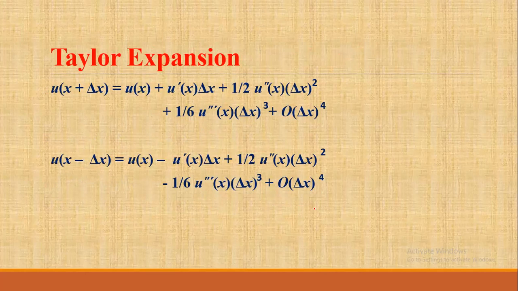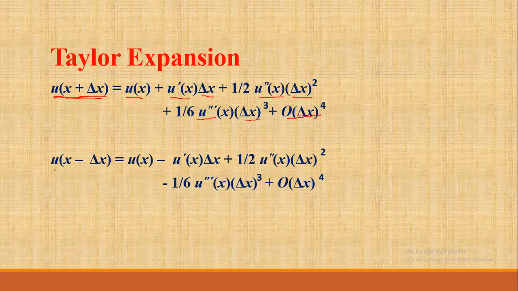Now, we know how to apply the Taylor series expansion. If we consider the function u of x plus delta x and apply the Taylor series, it is u(x) plus u'(x) delta x plus u''(x) delta x squared divided by 2 factorial, that means 1 by 2, then u'''(x) delta x cubed divided by 3 factorial, that means 6, and the remaining term is order of delta x to the 4.